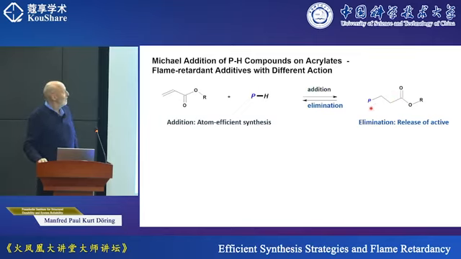And again, or much better, is the back reaction. This one is an elimination. That means this reaction is going back. We get an acrylate again, and an active phosphorus unit, which then does the flame retardant effect.